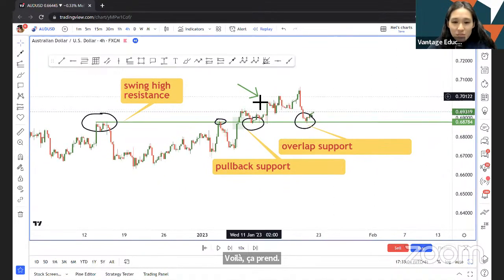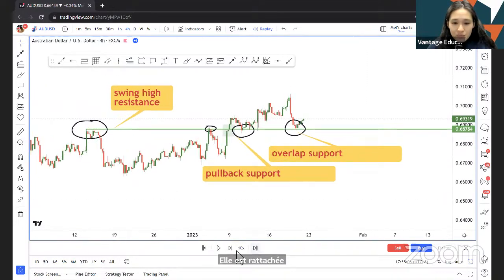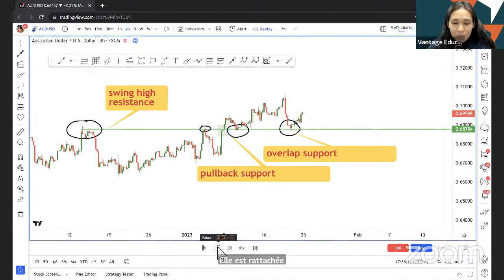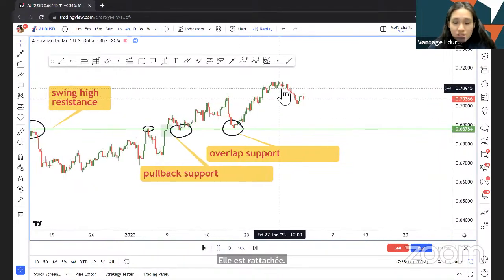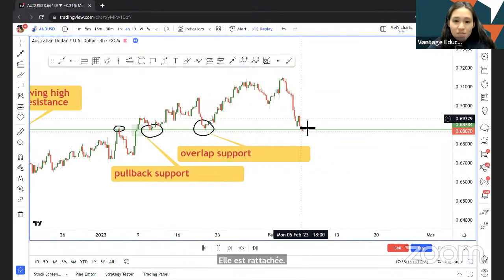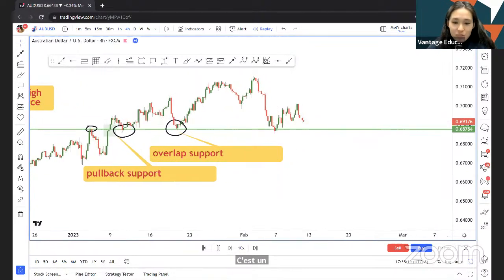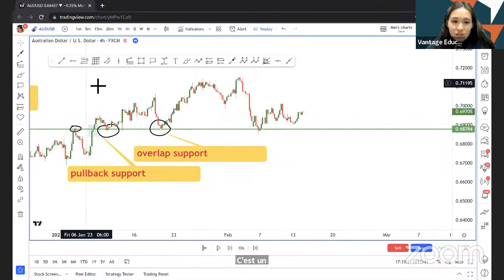I hope that makes sense. Basically, we're just expecting price to bounce off of this level and retrace it. So here we can see price tested this level once again.